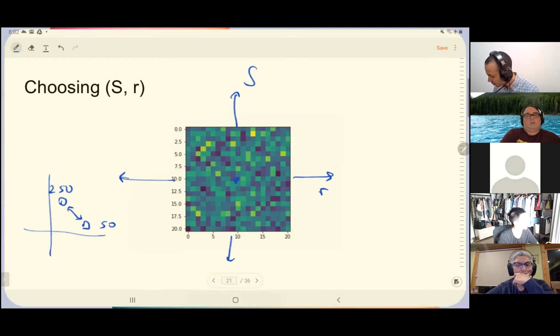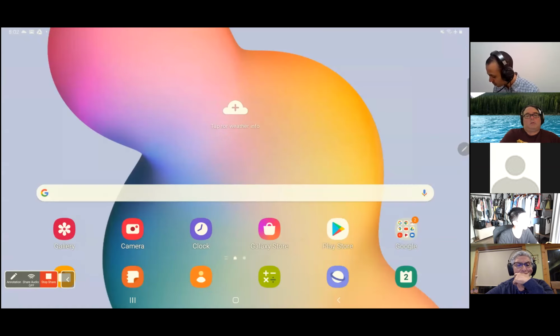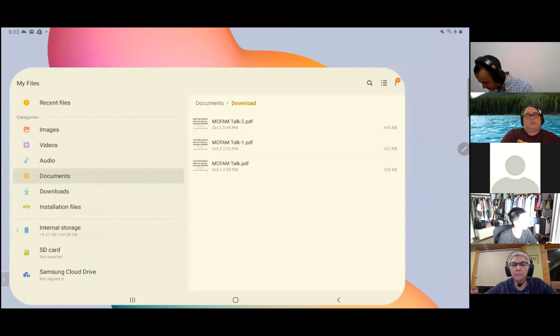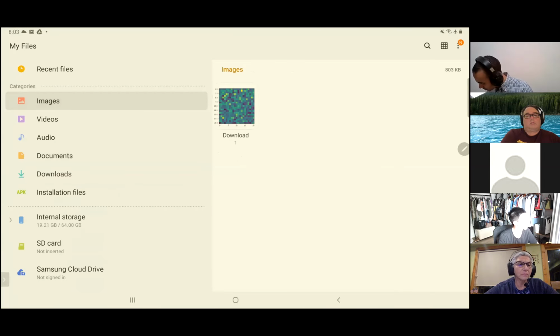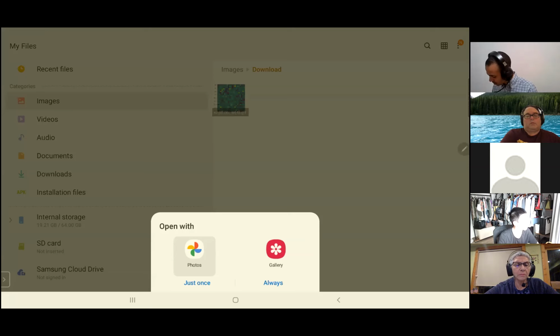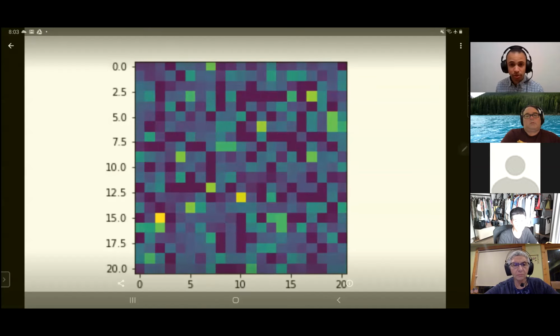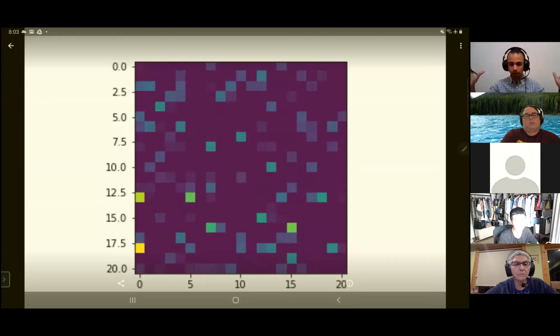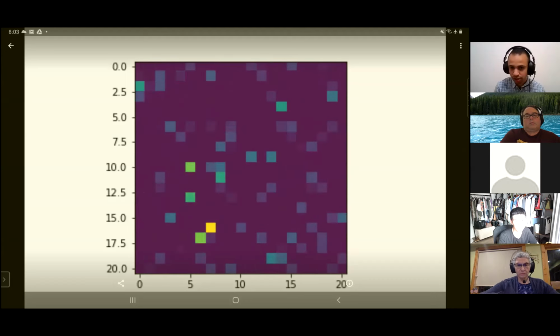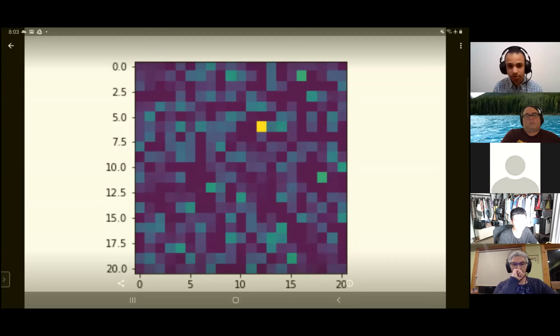So let me now go to the GIF itself. All right, so what you'll see is that initial distribution of weight of computation time across the whole region very quickly coalesces to very few points.